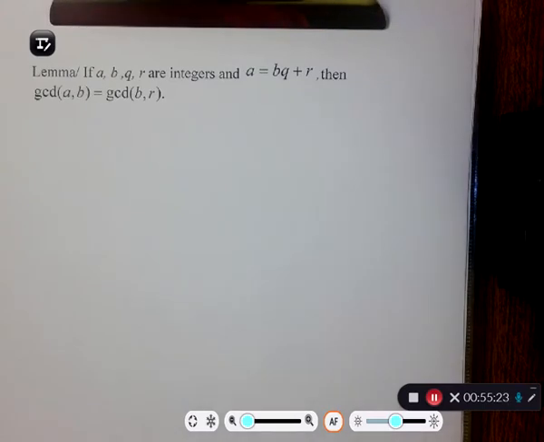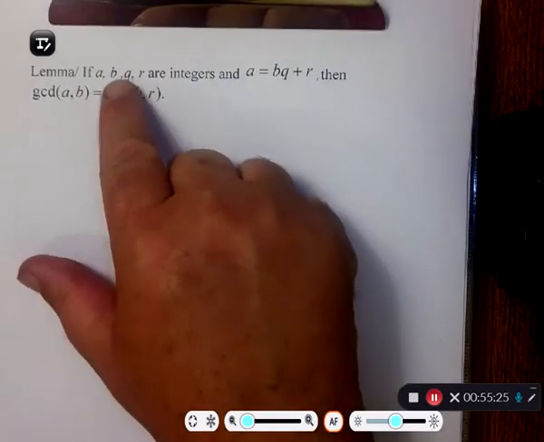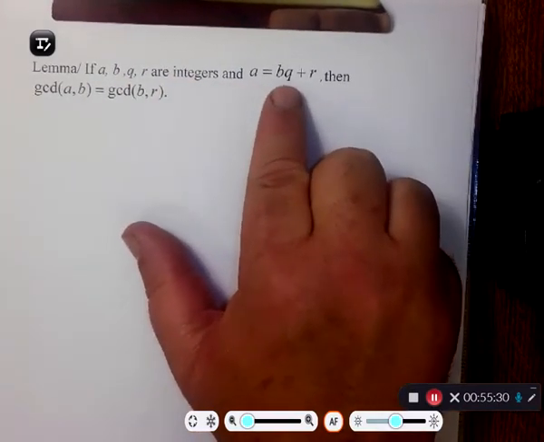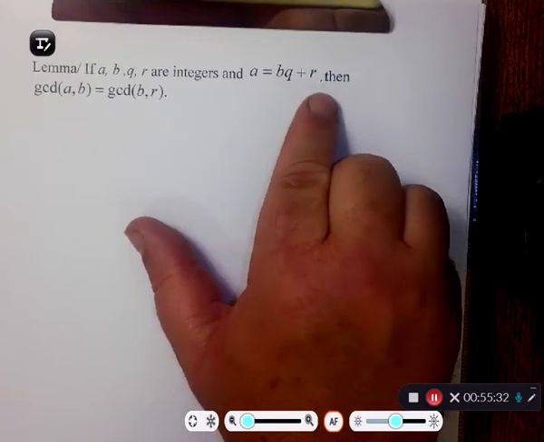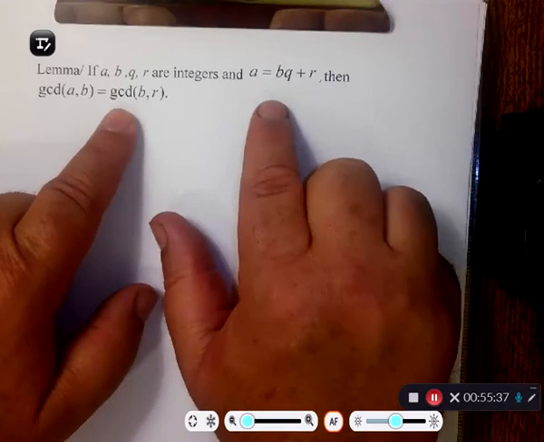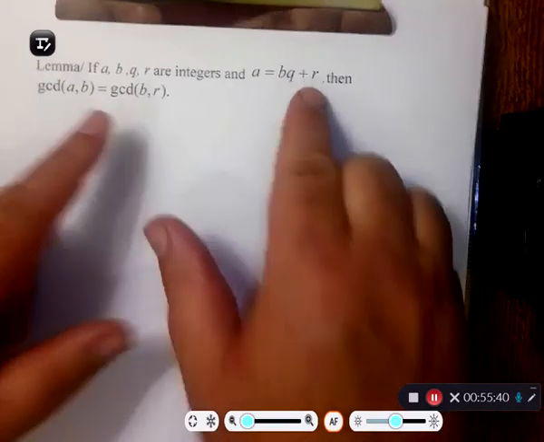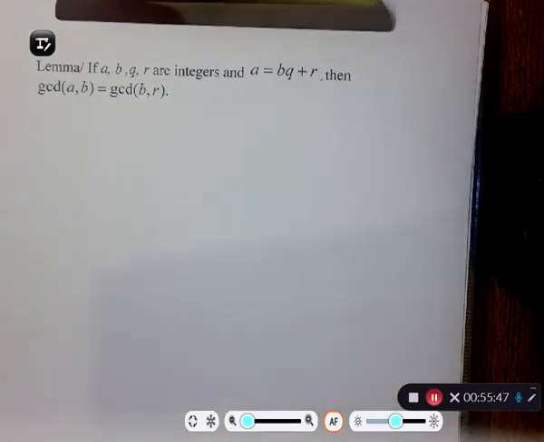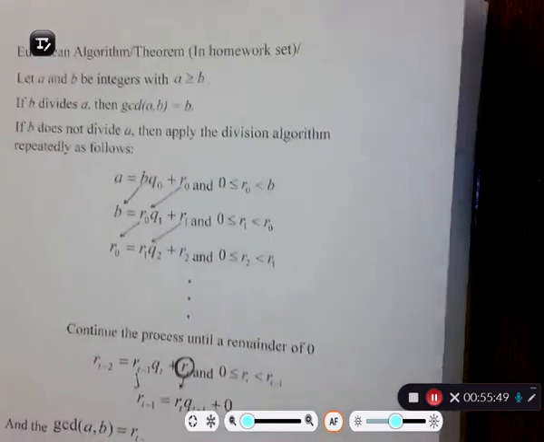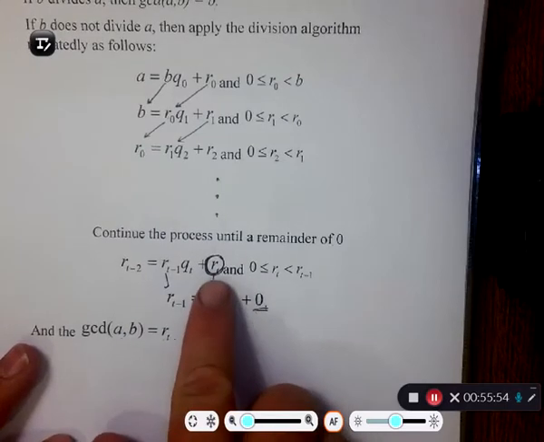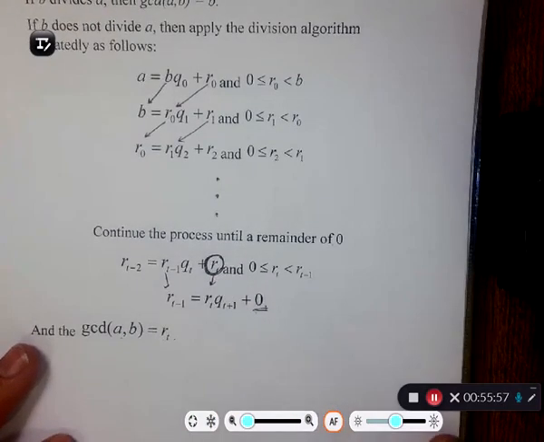All right, so if A, B, Q, and R are integers, and A is equal to B times Q plus R, then the GCD of A and B is going to be the same as the GCD of B and R. Now, I'm not going to actually go right proving this to you because the proof should be rather obvious. And it comes from this idea of the Euclidean algorithm and the idea of the remainder before the remainder of 0 is the GCD. Okay?